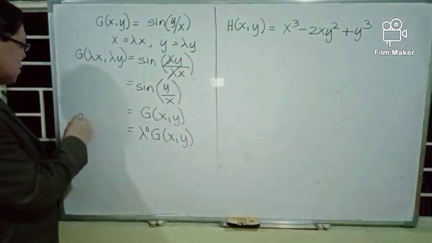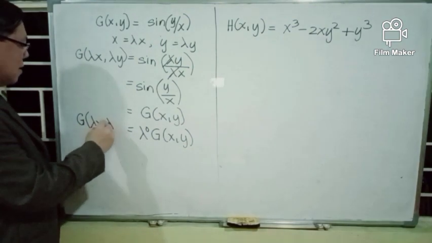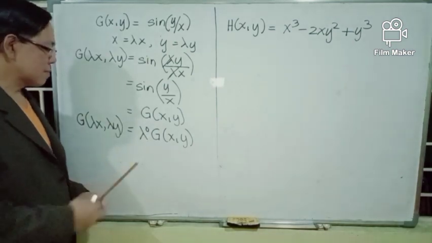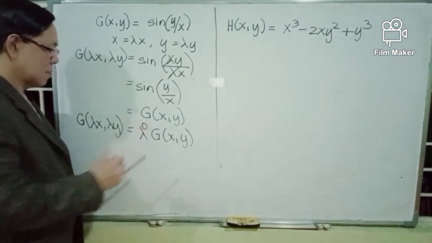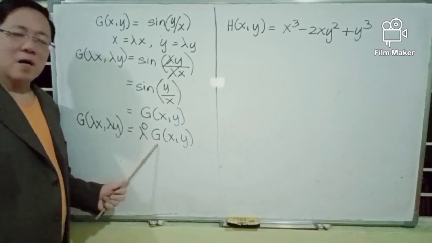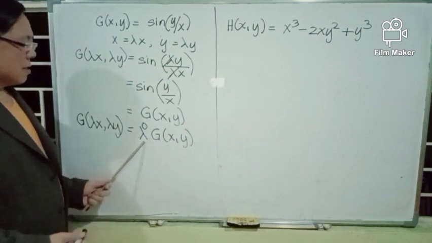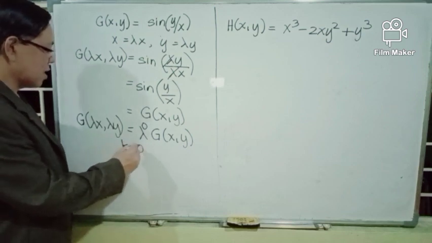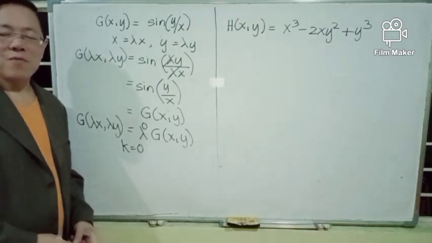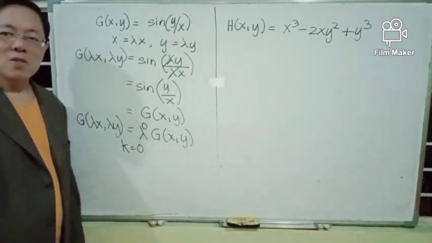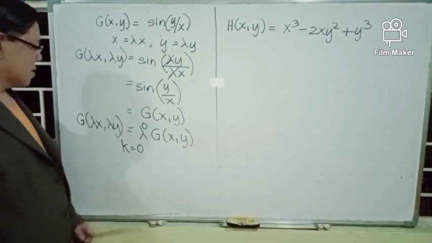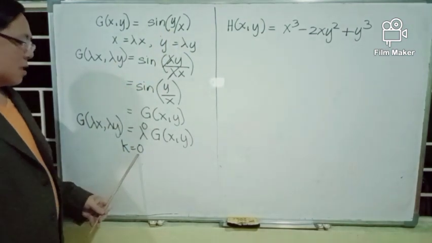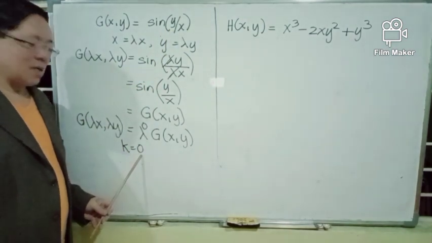And we have shown that g of lambda x, lambda y can be written as a product of lambda to some exponent multiplied by the given function g of x y. The exponent 0 of lambda is the exponent k of lambda in the definition of homogeneous function, which we stated earlier. Thus, the given function g of x y equals sine of y over x is a homogeneous function of degree 0.